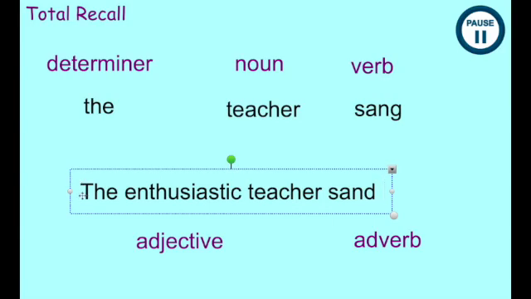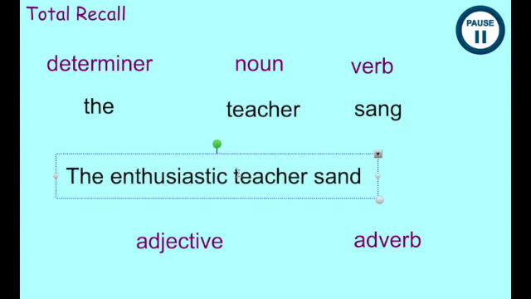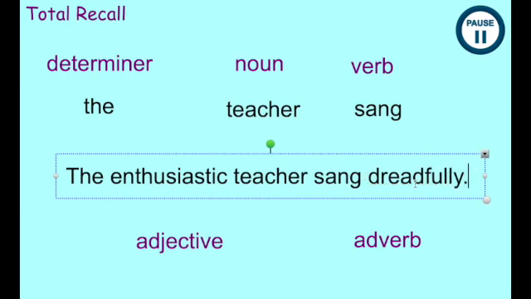An enthusiastic teacher, they want to put heart and soul into it, but I'm going to go for, not sang, dreadfully. Dreadfully. Now we know with adverbs they usually end with an ly, okay?